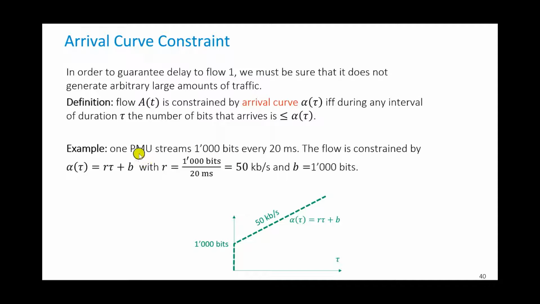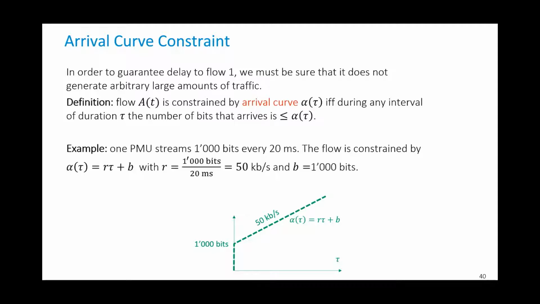For example, if I know that my PMU sends one packet of 1000 bits every 20 milliseconds, I could deduce from that an arrival curve that is this function here. This is a linear function shifted. Now the rate latency service curve was a horizontal offset. Now we have a vertical offset. We know that instantly it can send 1000 bits.